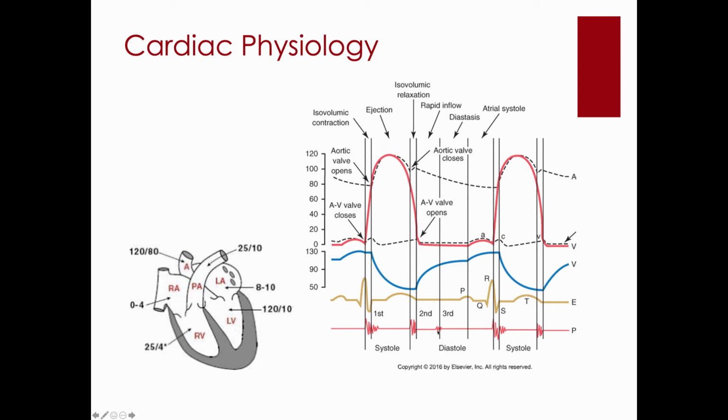We call that the third heart sound, or an S3. Okay? And then if atrial contraction happens and the blood is ejected into a non-compliant, real stiff, thick heart, then it makes a sound also. And it's not pictured here, but right here is where we see the fourth heart sound.